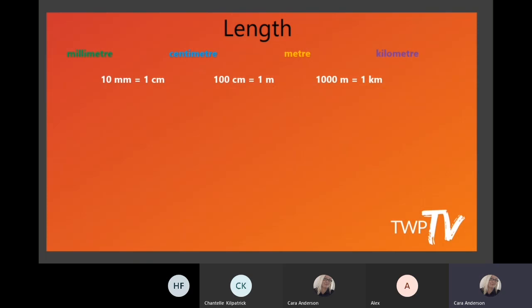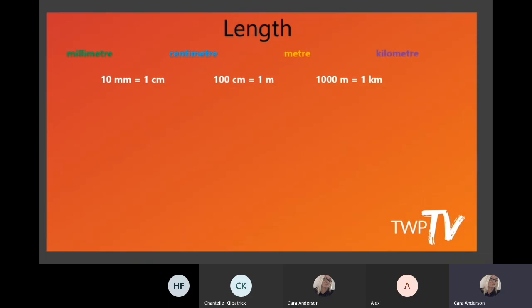So again, think back to that little ruler. The centimeter is very, very small, probably like the width of your thumbnail, and then you've got 10 millimeters in there as well. You then have 100 centimeters in 1 meter, so that's where you visualize 3 lots of those rulers that you had at school.